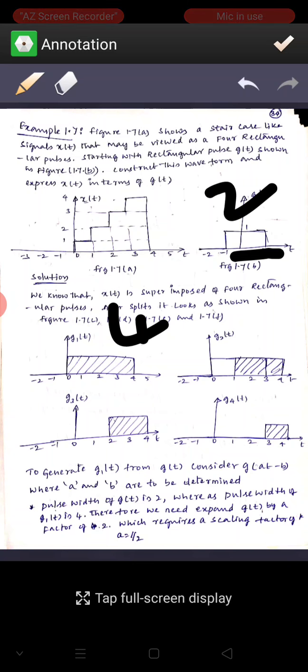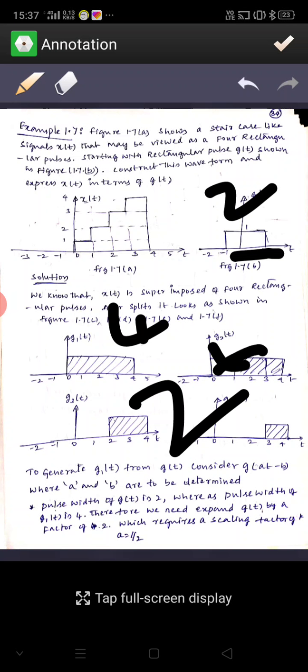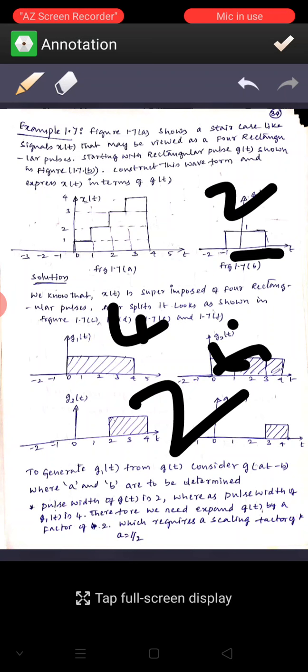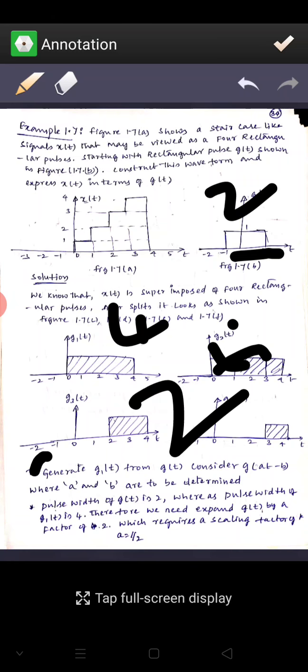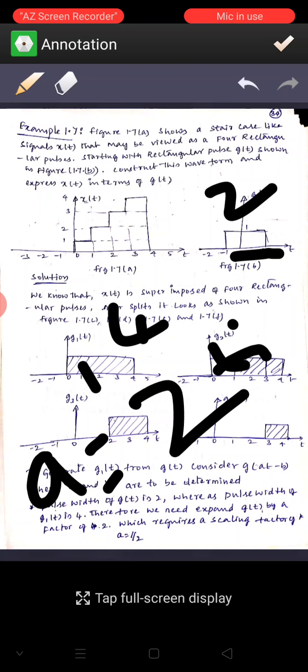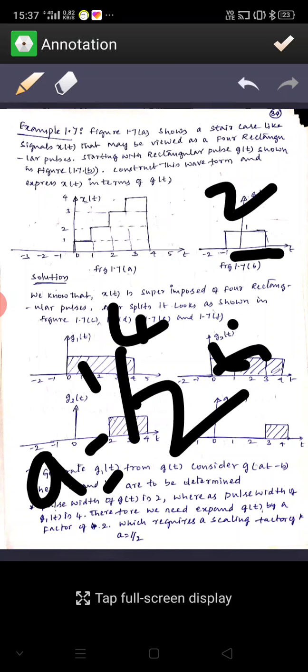By what factor? g of t is 2 and g1 of t is 4, so by observation the expansion is 2 times. The expansion factor should be written as 1 by 2, and compression should be written as 2, 3, 4 and so on. So the value of a is 1 by 2.